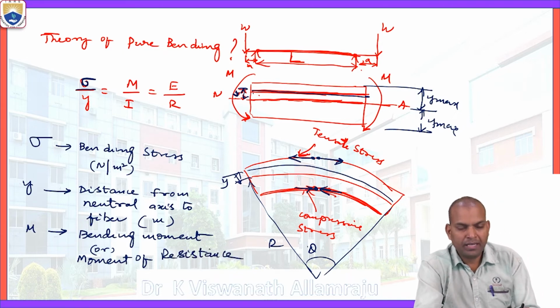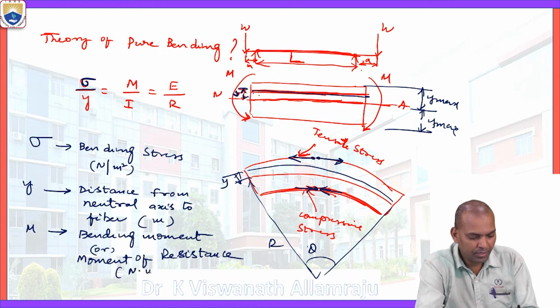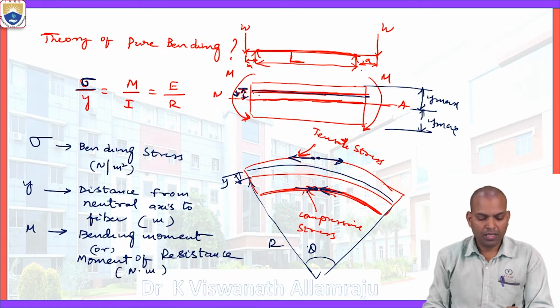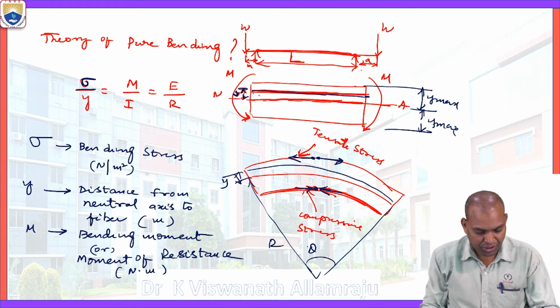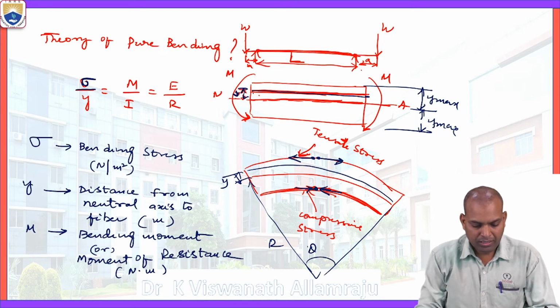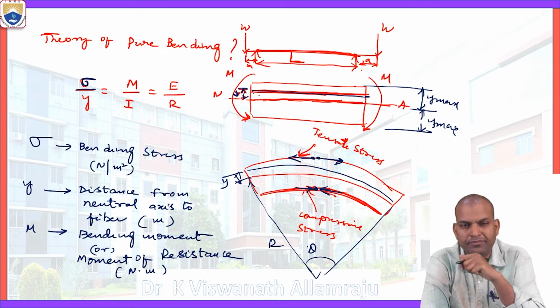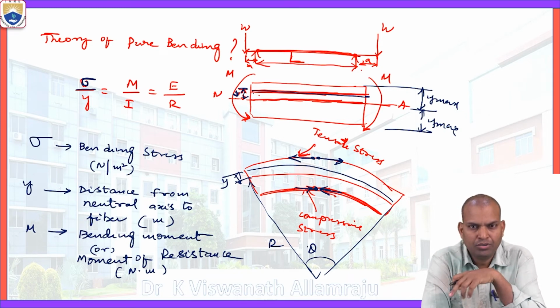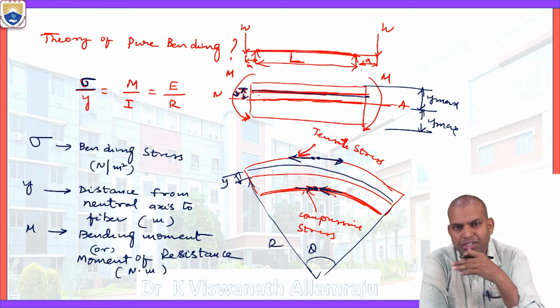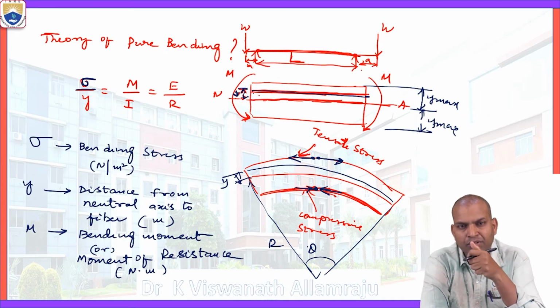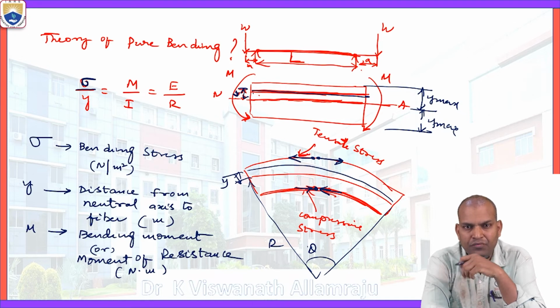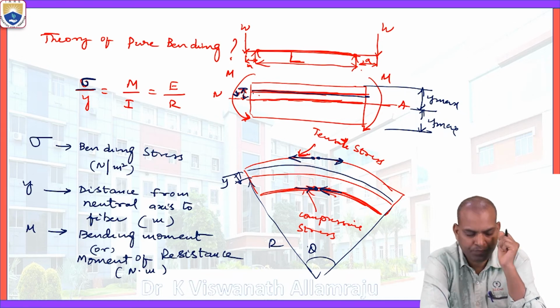The unit for bending moment is Newton meter. What is moment of resistance? It is the resistance to deform, resistance to bend. So, the strength of the material, if the moment of resistance is high, that means it is having more strength. If less resistance is there, that means it is having less strength.